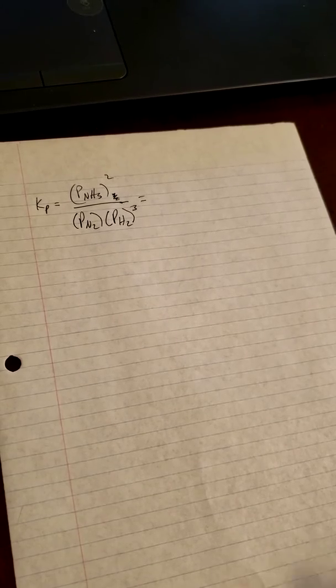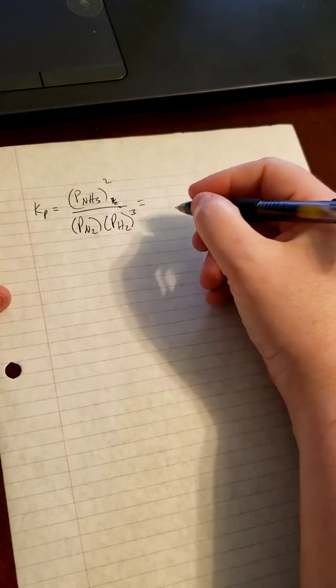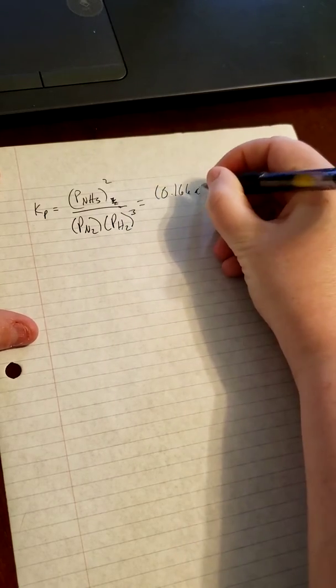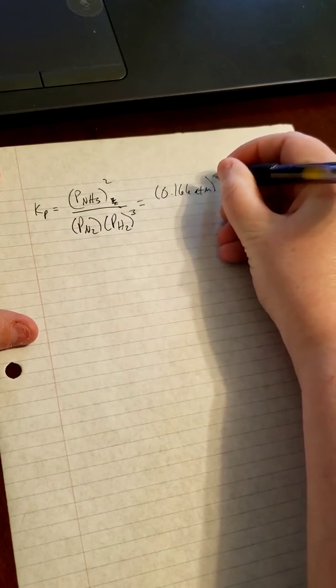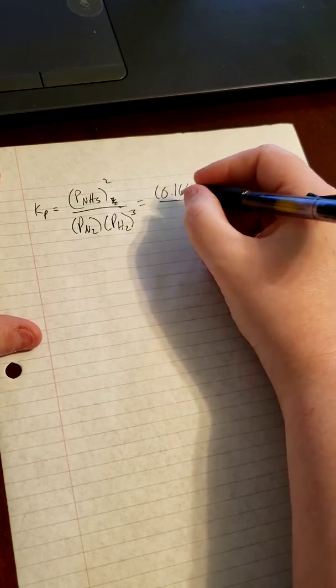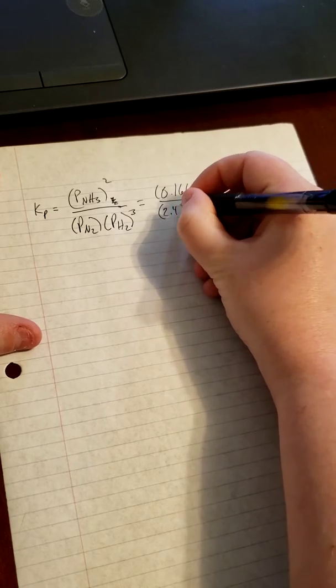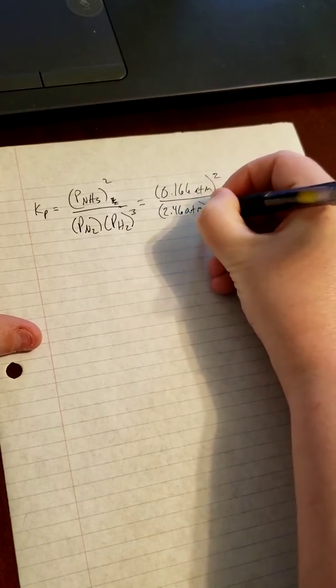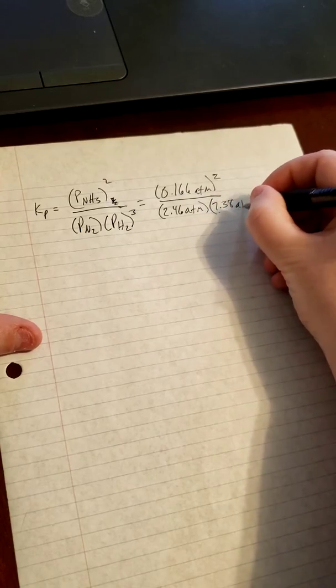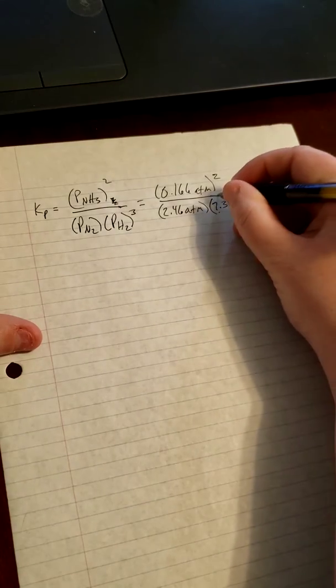Now we need to plug in the values they gave us. The pressure of ammonia is 0.166 atmospheres, squared, divided by the pressure of nitrogen, 2.46 atmospheres, divided by the pressure of hydrogen, which is 7.38 atmospheres, cubed.